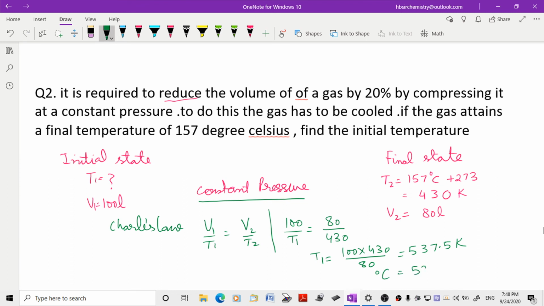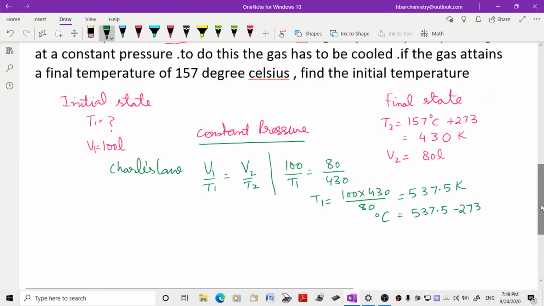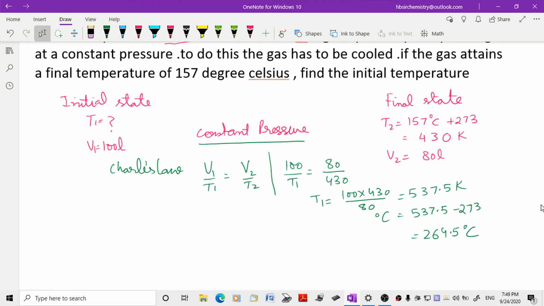So degree Celsius will be 537.5 minus 273. This will come as 264.5 degree C. So children, this is how the two problems have been solved.